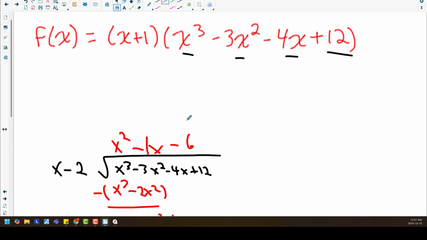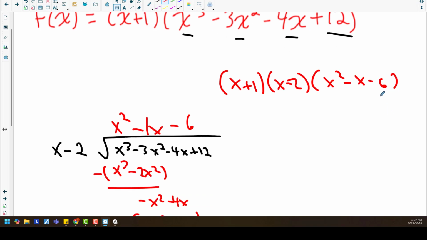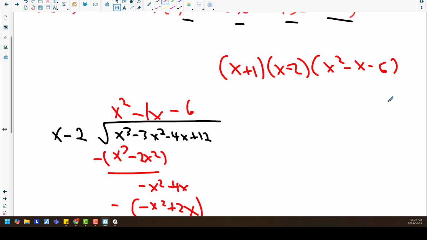The initial factor was x plus 1. Now we have x minus 2. And we have x squared minus x minus 6. This is pretty straightforward. It's a quadratic. I'm sure you can find two numbers m and n that add up to the middle term, which is negative 1, and multiply to negative 6.